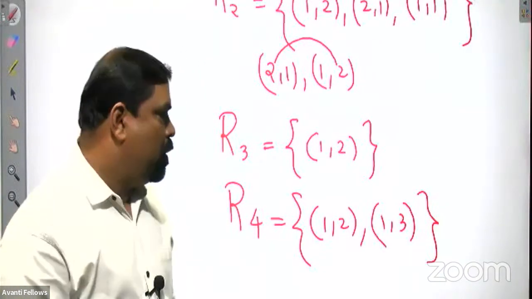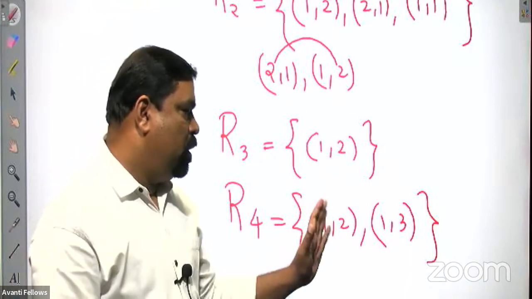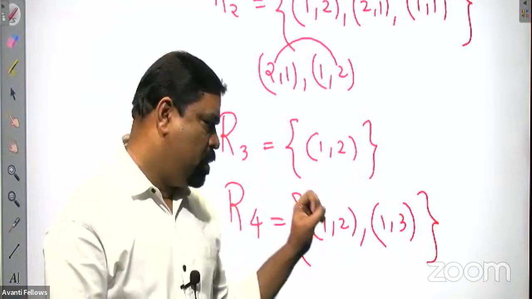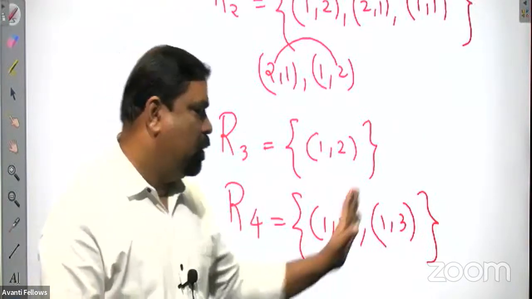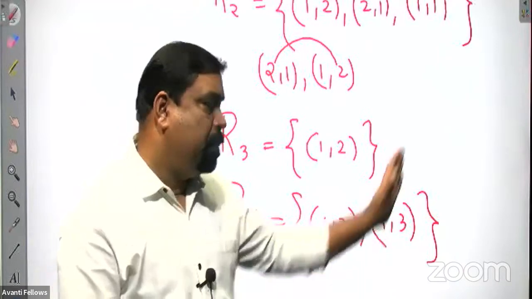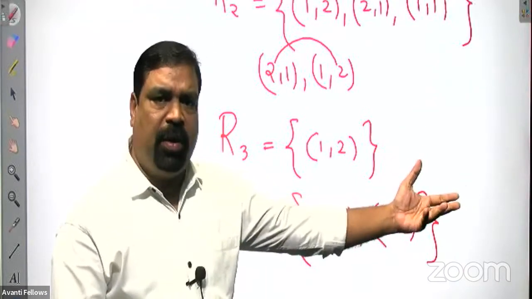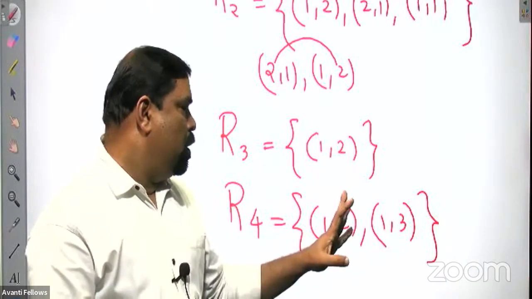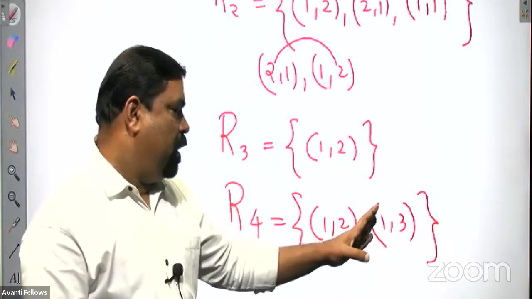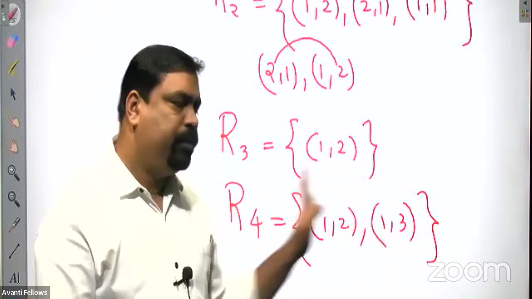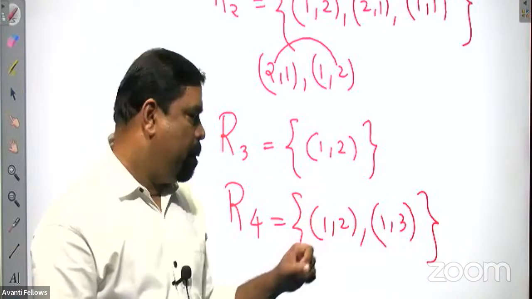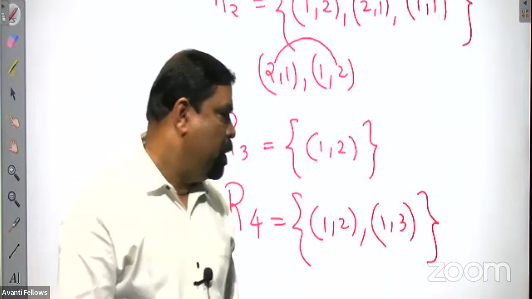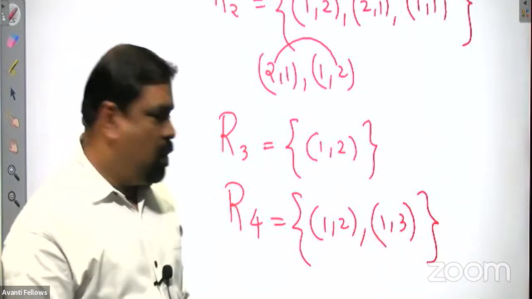So for (1, 2), there is no ordered pair starting from 2, so it ends there itself. For (1, 3), there is no element starting from 3 to check transitivity. So again, it is just over there only. So it is transitive. It is very clearly transitive. Very good. So that's the meaning of transitive relation.